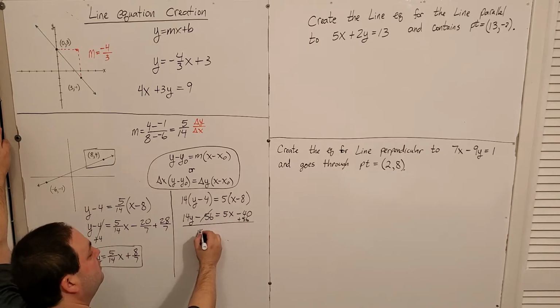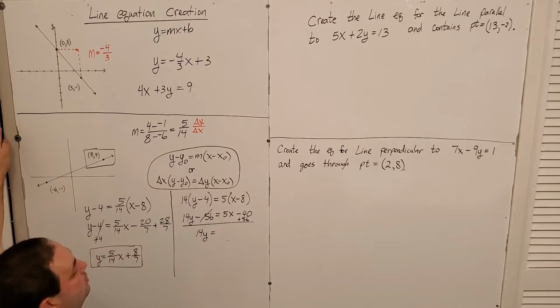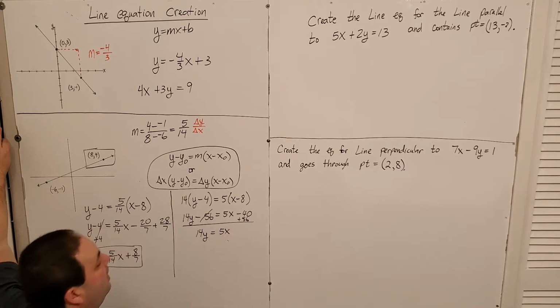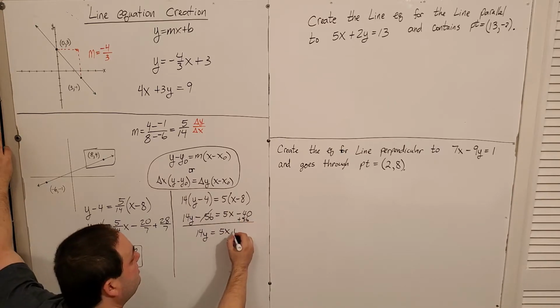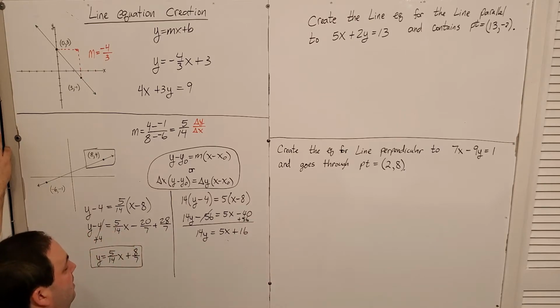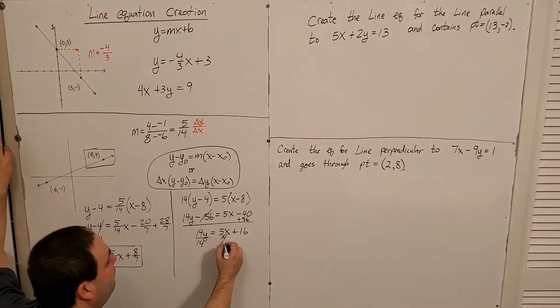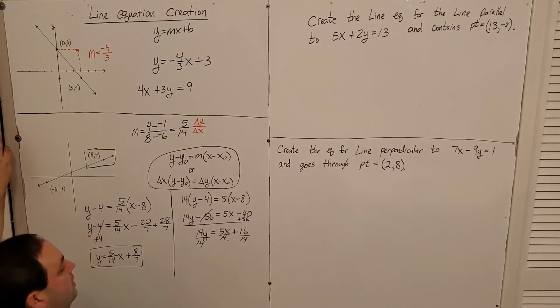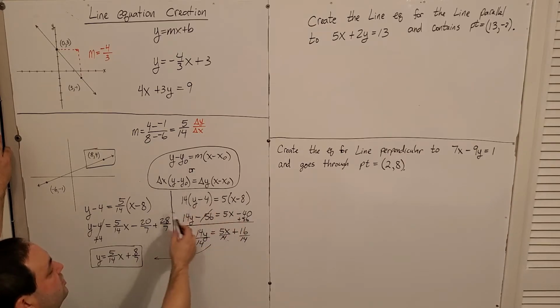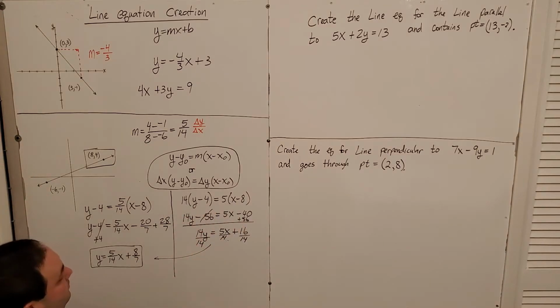So I have 14y is equal to 5x plus 16. And then if I divide both sides by 14, right? Here, 14, 14, 14. Notice I end up in the exact same equation, 5 over 14x, and then this reduces to 8 over 7. Okay? So this is just another way of doing the same thing.